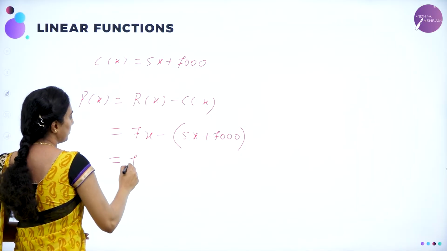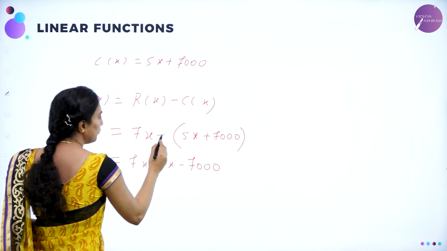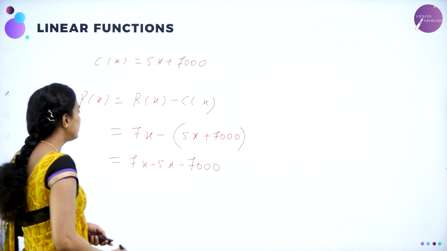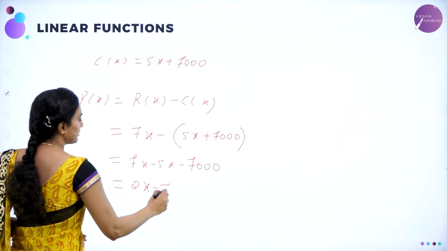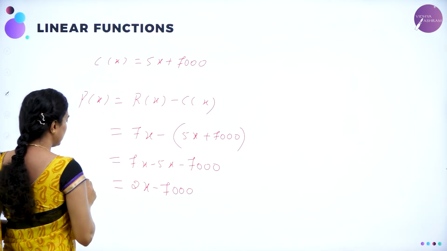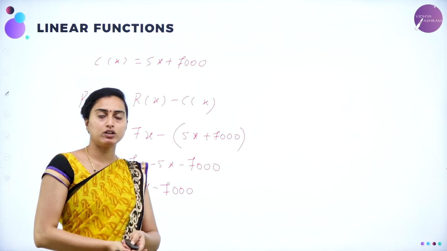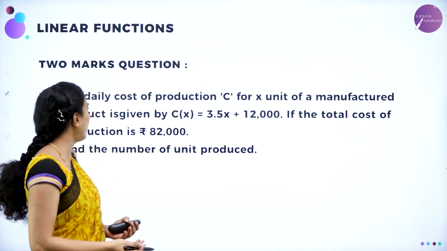Which will be equal to 7x minus 5x minus 7,000, because minus into plus is minus. So 7x minus 5x is 2x minus 7,000. That's it. This is the profit function. This type of question will be for a 3-marker. Understood? I hope you got that one. We'll move on to the next problem.